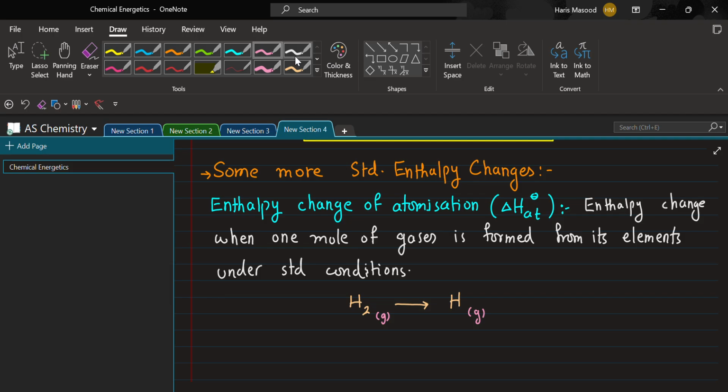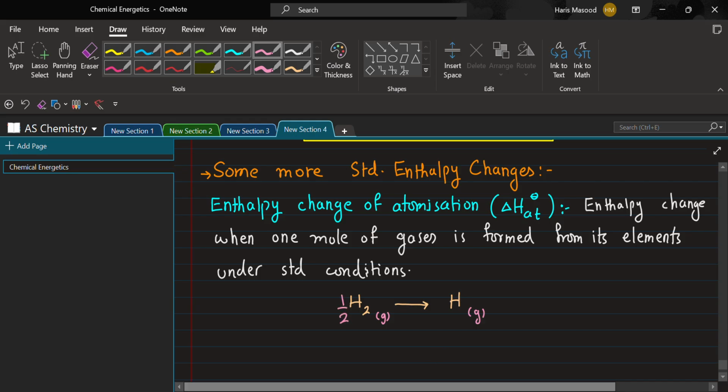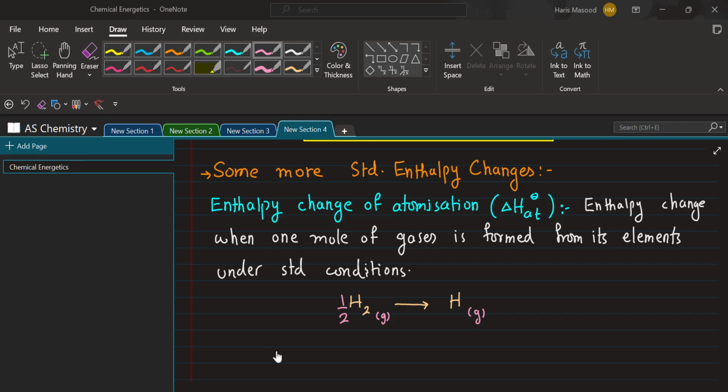You again have to keep 1 mole here, so after balancing we will do half here.